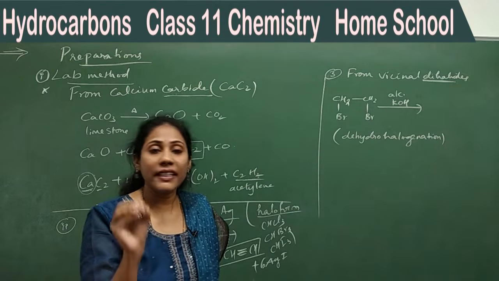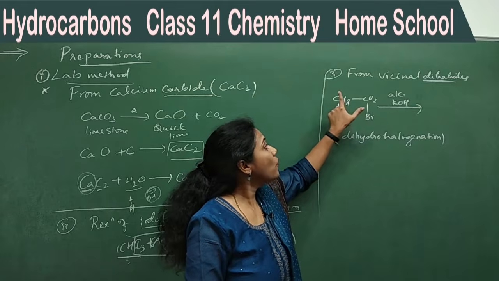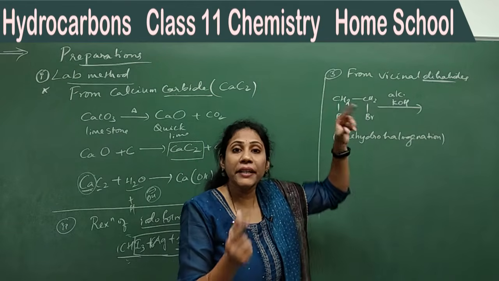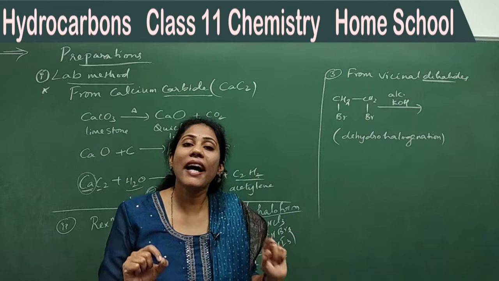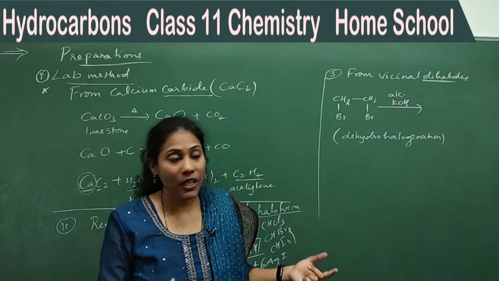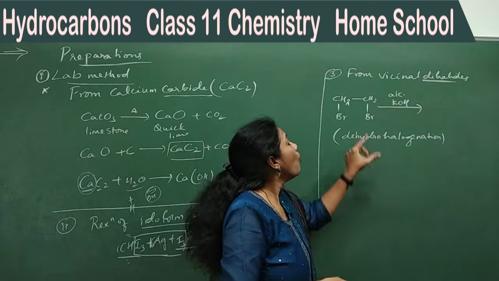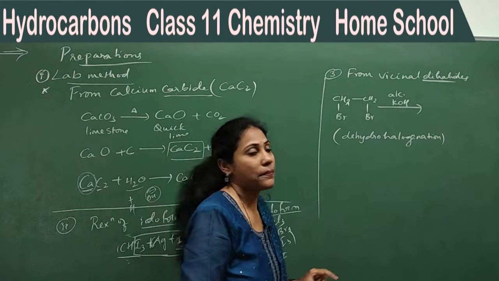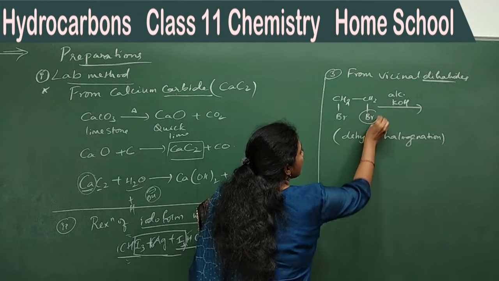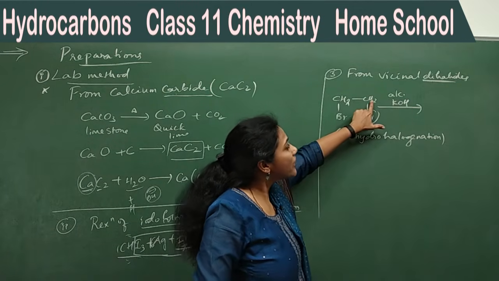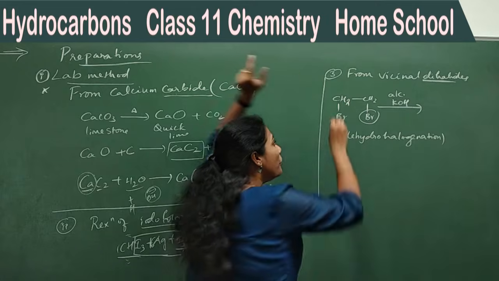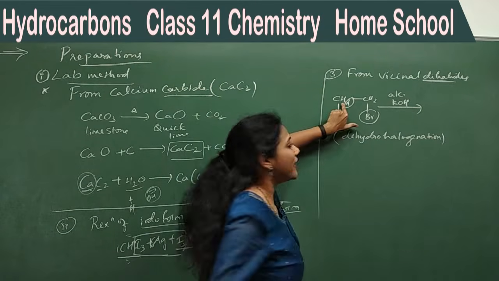So what do you mean by dehydrohalogenation? One bromine, that is one halogen, and one hydrogen will get removed from the substrate. That is called dehydrohalogenation. So now let's remove one bromine and one hydrogen. Suppose I remove this bromine, which hydrogen can I touch? I cannot touch these hydrogens, so I'll have to remove one of these two hydrogens.